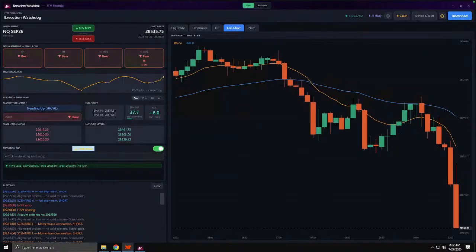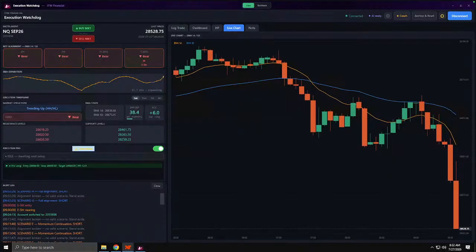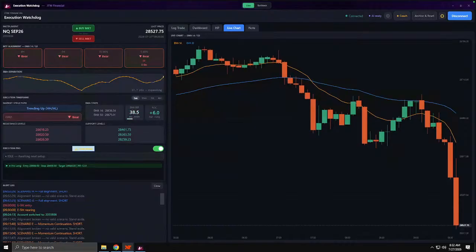Okay, so we just swept the swing low on the 1 hour, and yeah, momentum is really fast. So okay, all right, we just tapped it, and so we're all bearish now. Our time frame is strongly bearish.